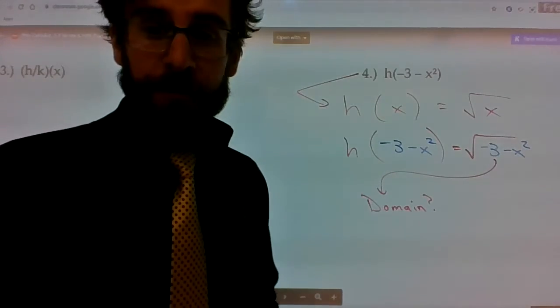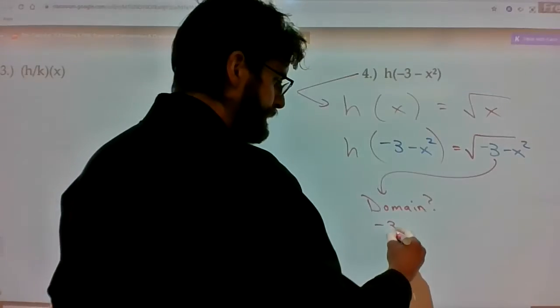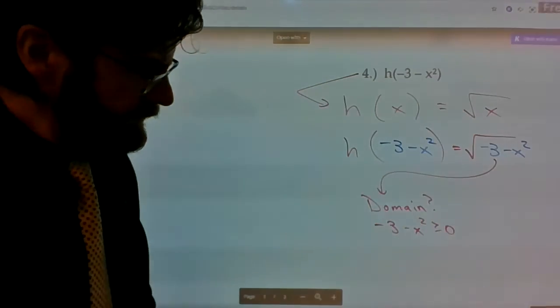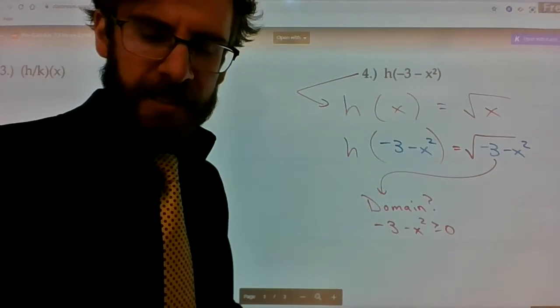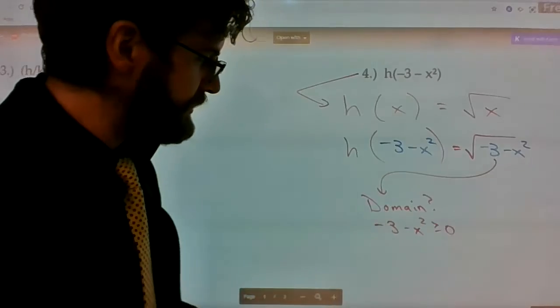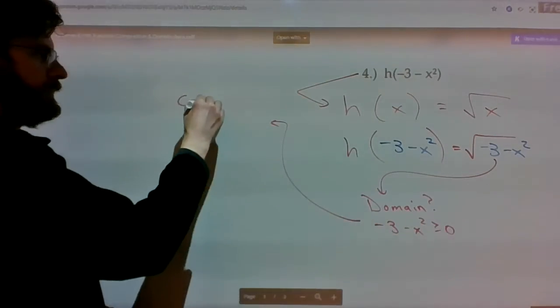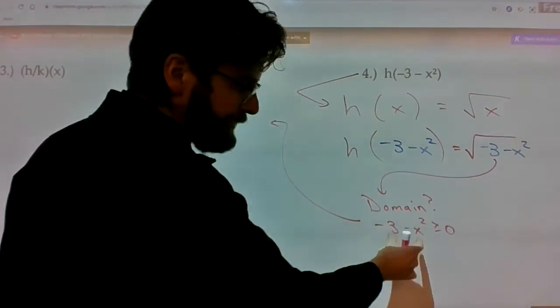Well, since it's inside an even root, you have to set it greater than or equal to 0. And this is tricky. Remember, if it was something more complicated, then you had to find critical numbers. So I'm going to do the critical number thing over here. So the critical numbers is when I set this equal to 0.